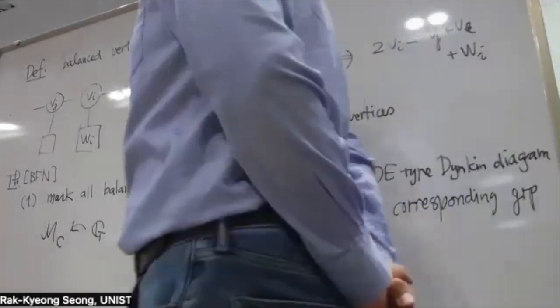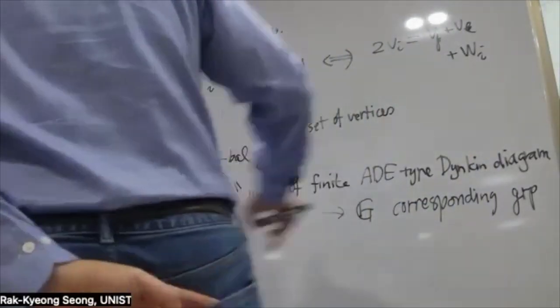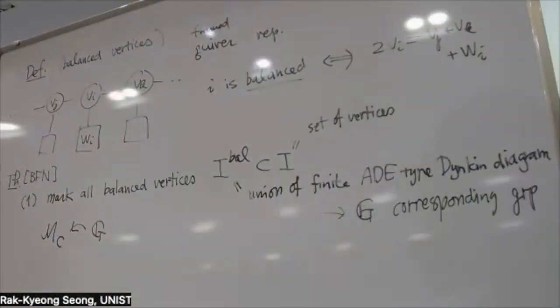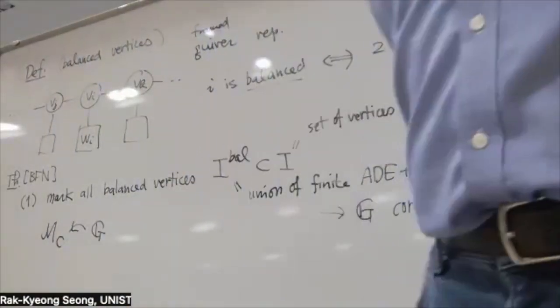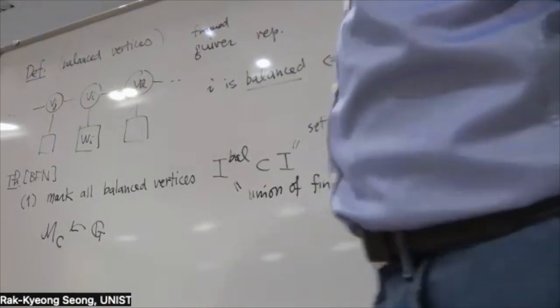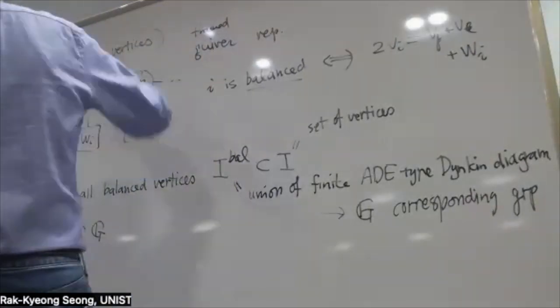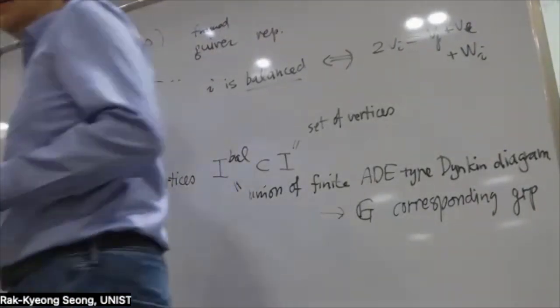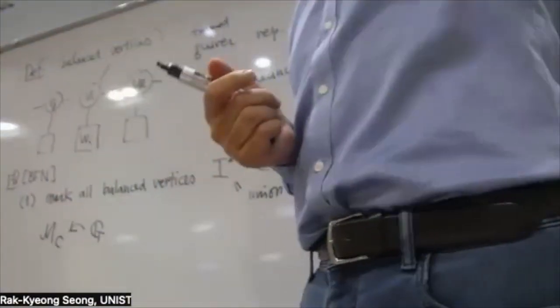So here you always have a simple group, or this could be a product of simple groups, for any quiver.